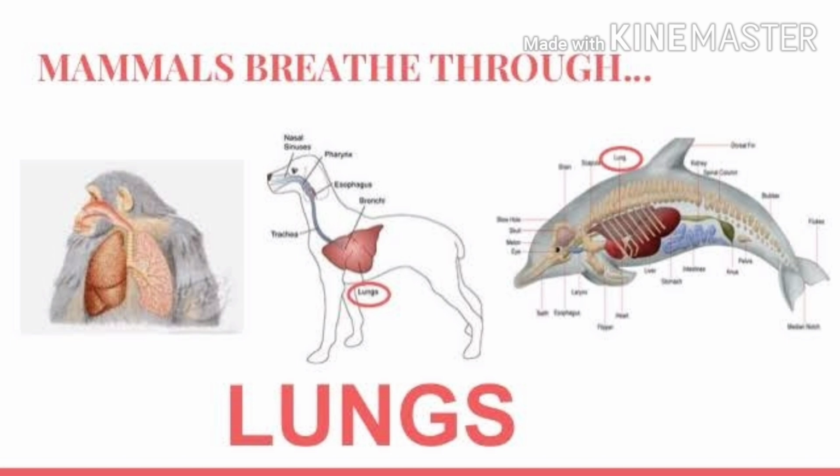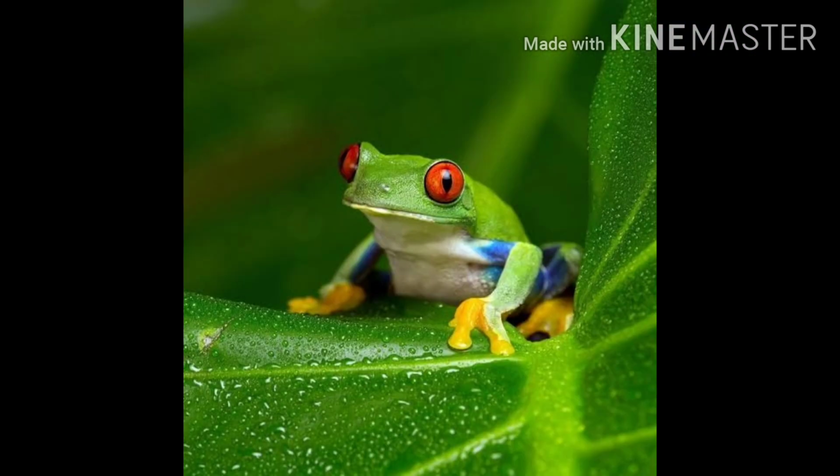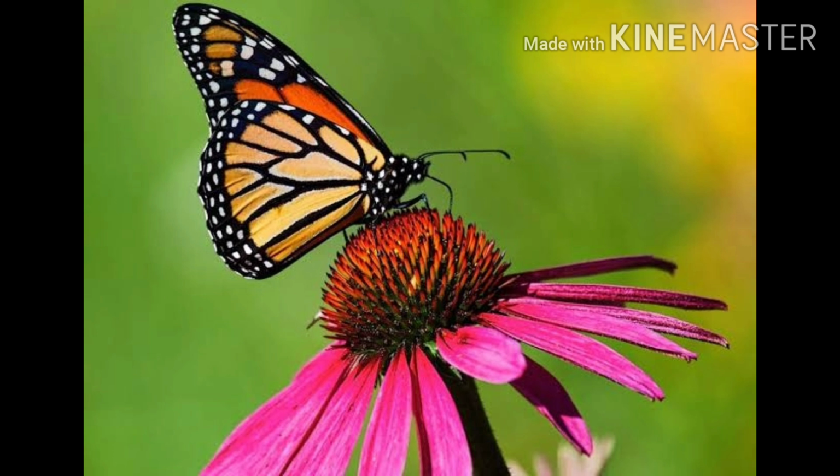Animals like tigers, whales, monkeys, etc. breathe through their lungs. Fish breathe through their gills. Frogs breathe through their lungs and skin. Insects like butterflies, cockroaches have tiny holes on their bodies which help them to breathe.